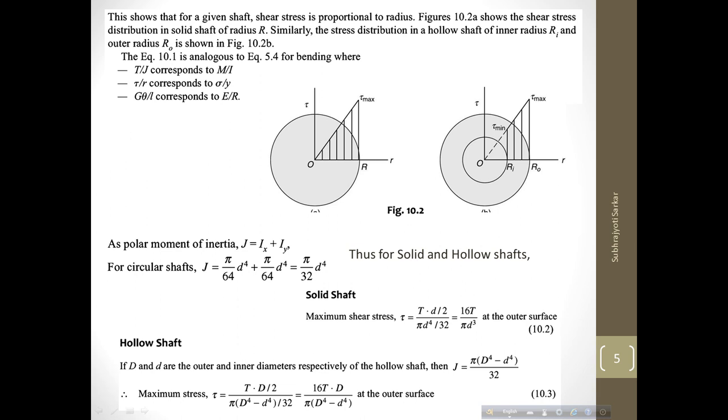The maximum distance from the neutral axis, that is Y, maximum distance from the center, that is your radius R. Here the Young's modulus, here the shear modulus, here the radius, here the twist per unit length.